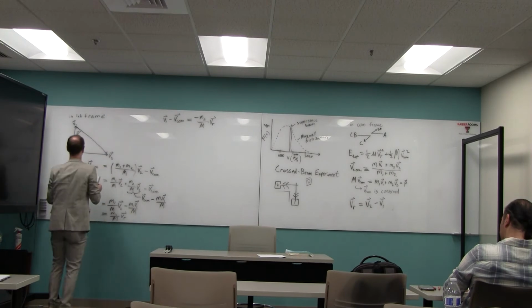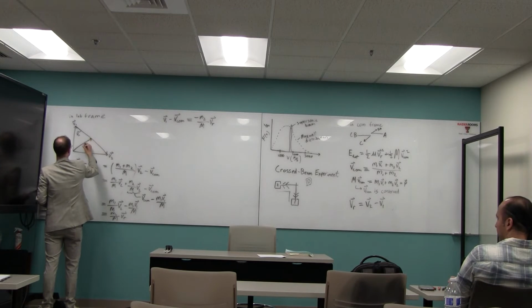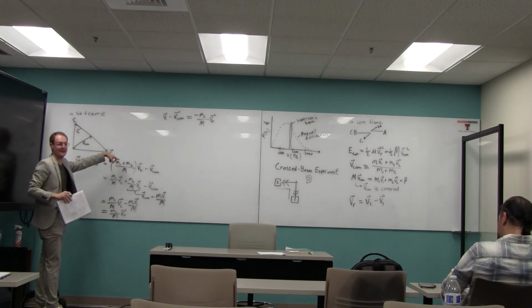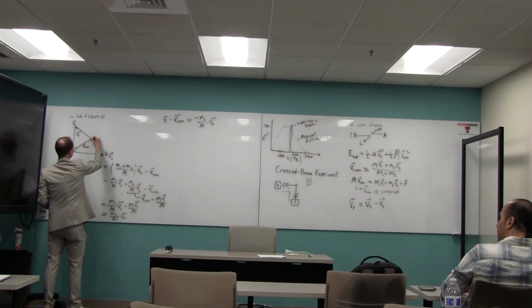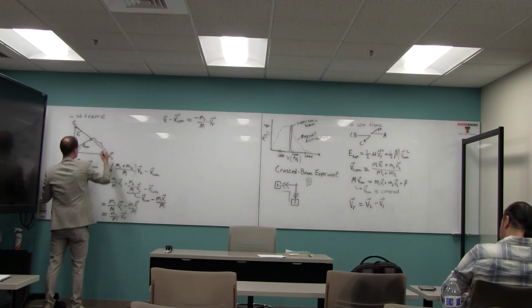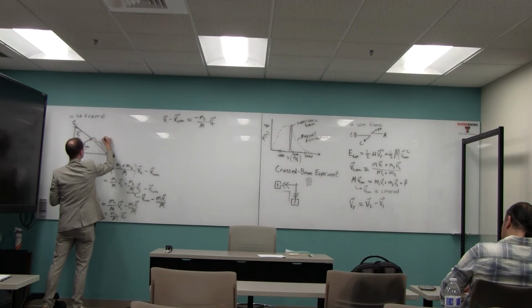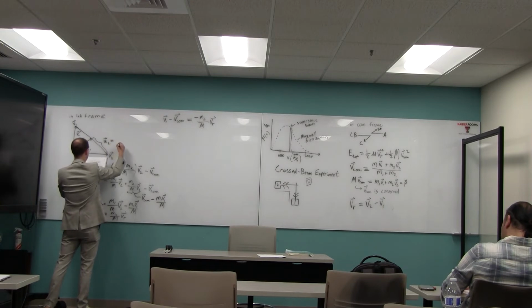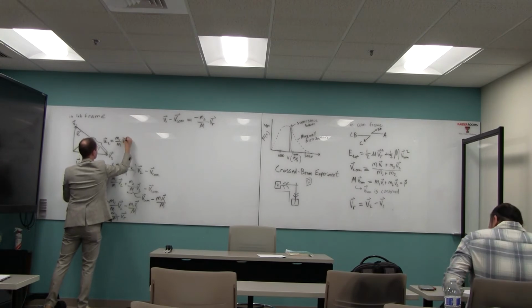And so therefore, if you draw on this diagram V center of mass, it has to somehow intersect this VR vector in such a way that, after subtracting off V center of mass, the relative velocity of particle 2, which we'll call U2, is going to equal M1 over M times VR.